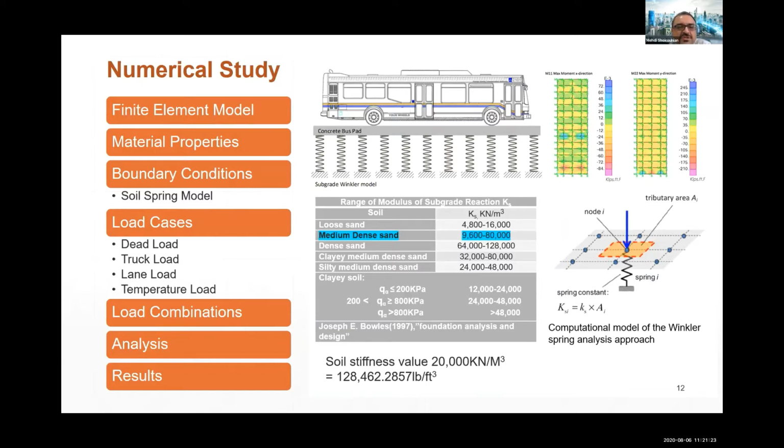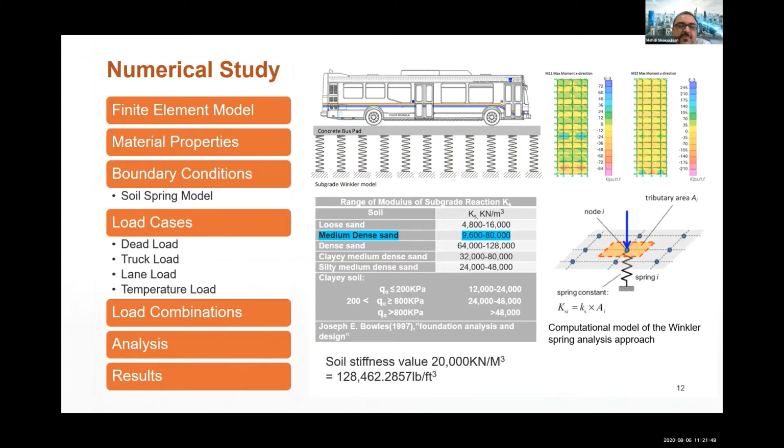We consider those for the wire mesh and also the concrete materials. Regarding the boundary conditions, we also consider the Winkler method. The Winkler model basically considers linear springs to mimic the support that the soil can provide for the slab.